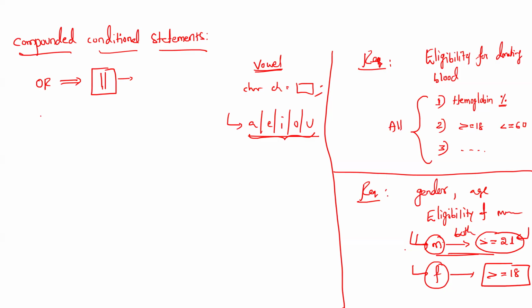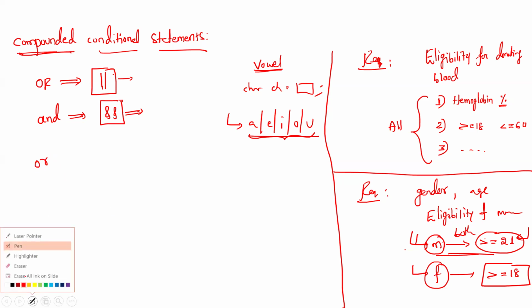And there is one more called AND. We'll be using double ampersand together. So this is the representation. To club more than one condition, we will use the OR operator or the AND operator. So if we are using this OR operator, I'll write in lowercase letters.